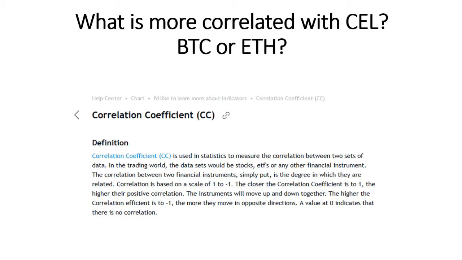This figure can range between -1 and +1. +1 means they're very strongly positively correlated, so if Bitcoin goes up X%, then CEL goes up X%, whilst -1 means that if Bitcoin goes up X%, then CEL will go down X%.